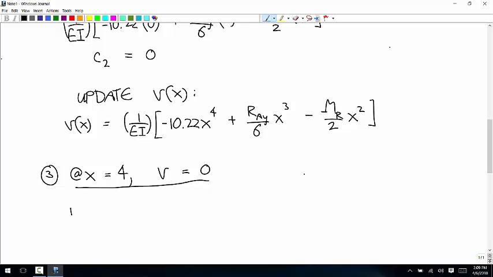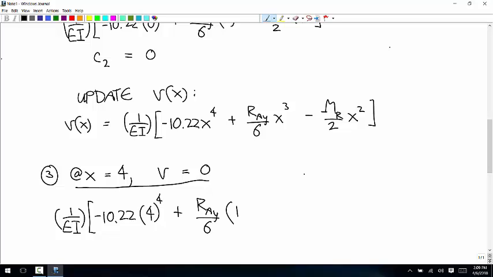So that says 1 over EI times the quantity, negative 10.22 times 4 to the fourth, plus RAY over 6 times 4 to the third, minus MR over 2 times 4 squared.